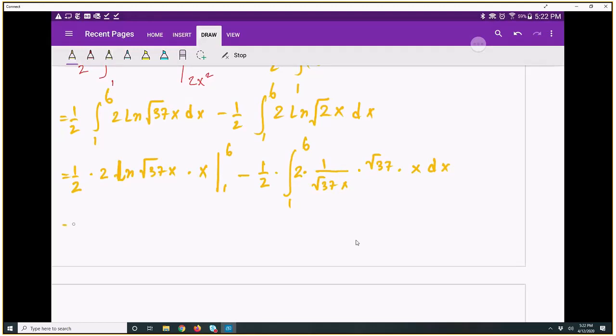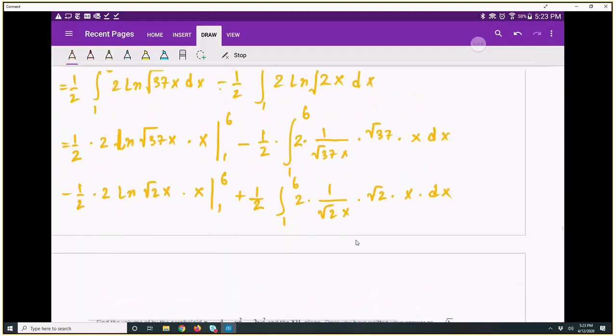Then I have minus 1/2 times, similarly you get 2 times natural log of square root of 2x times x, limits are still 1 and 6, minus times minus. So there is a minus in the integration, minus from the integration by parts formula, so that will become plus positive 1/2, integration 1 to 6, 2 times derivative of natural log of square root of 2x is 1 over square root of 2x times square root of 2 times x dx.